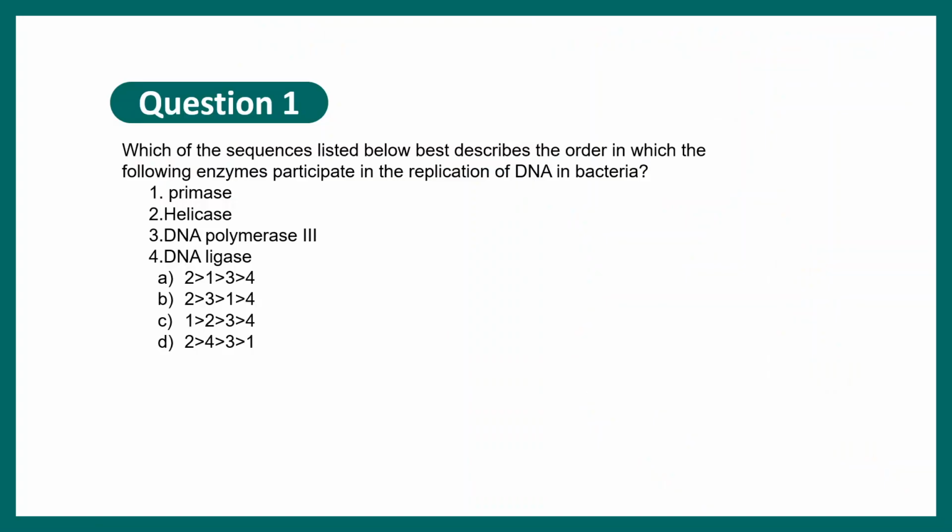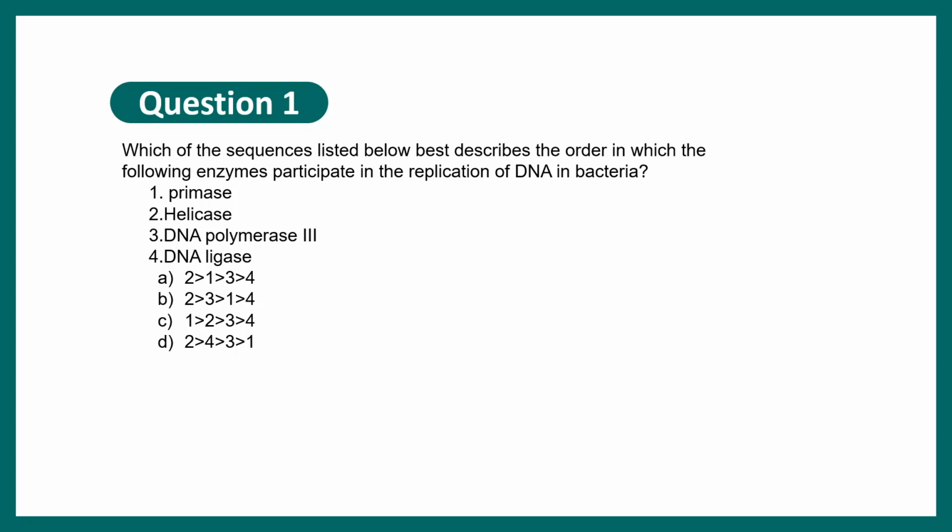Anyway, let's move on to question number 1. This question says, which of the sequences listed below best describes the order in which the following enzymes participate in replication of DNA in bacteria? Primase, helicase, DNA pol 3, DNA ligase, and you have to order them in a particular sequence of their activity.